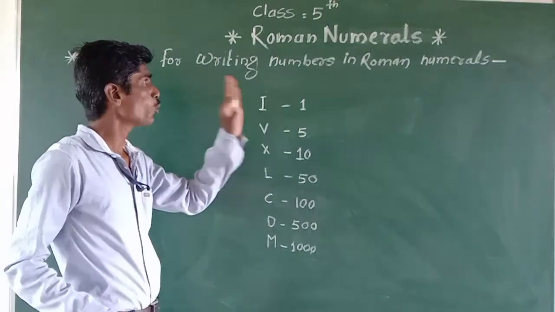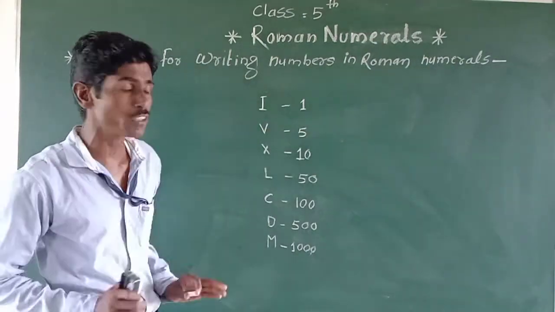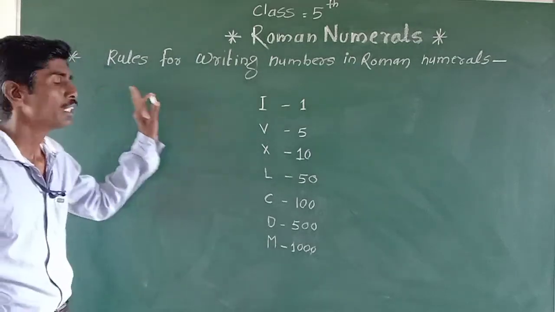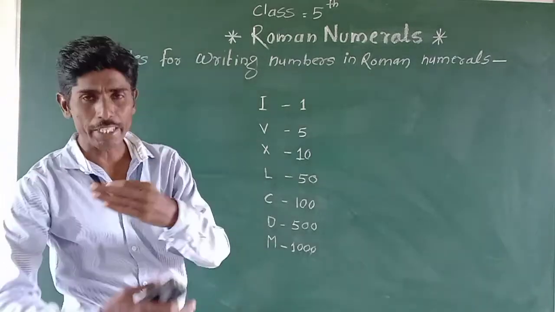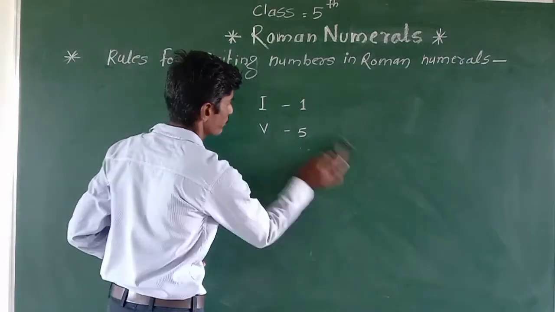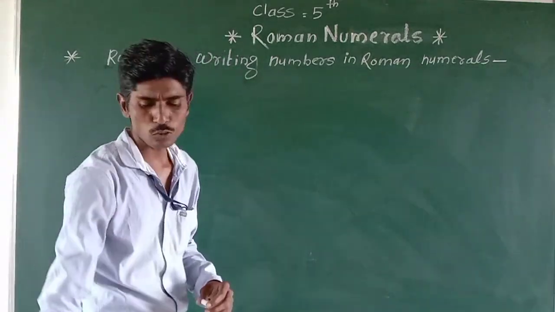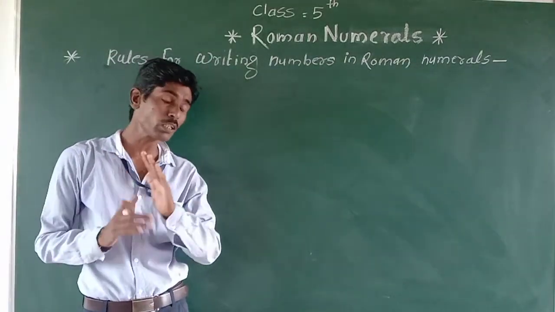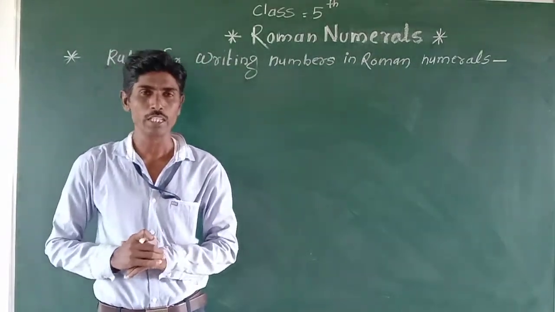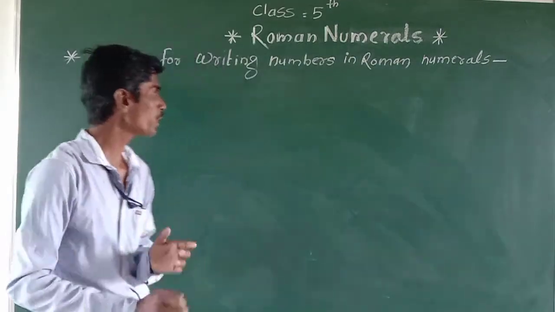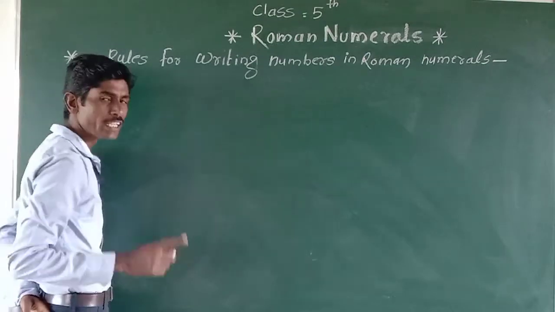In Roman numerals, there are some basic rules for writing numbers. We will take them one by one. First of all, if there is repetition of symbols, it means addition of the numbers. We will take an example.